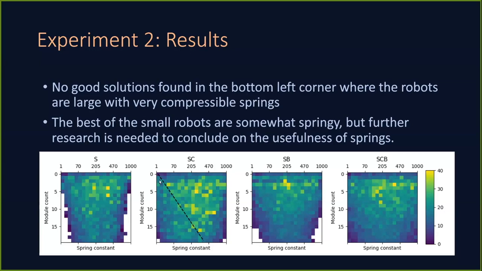One thing that is interesting that we can see is that this bottom left corner has no high fitness robots. And in this corner are the robots with a high module count, so they're quite large, and also very compliant springs. So there is at least some indication that robots with high module count and very compliant springs are not so good, which also was similar to what we saw in the previous experiment.